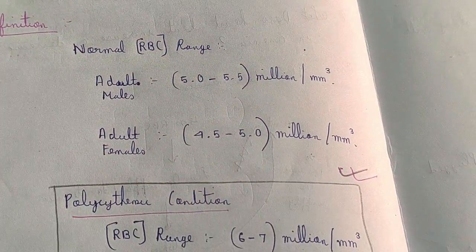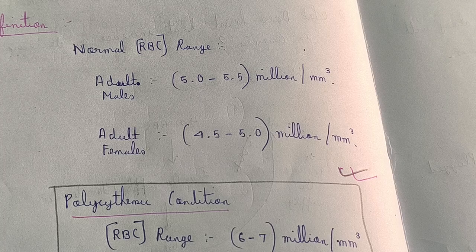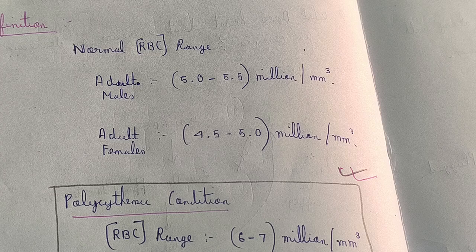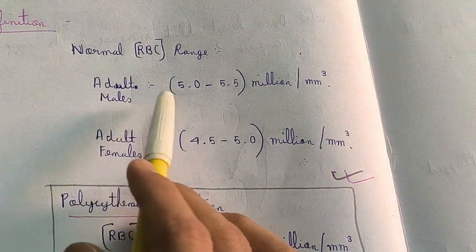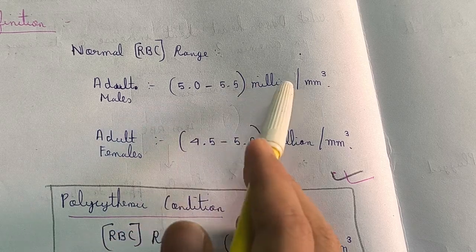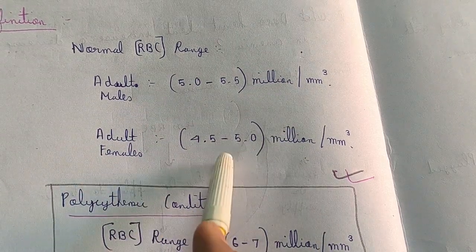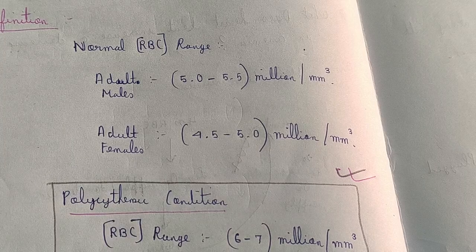But before understanding the definition, you should understand the normal RBC range, that is, the normal concentration of RBC. In adult males it is 5 to 5.5 million per millimeter cube, and in females it is 4.5 to 5 million per millimeter cube.